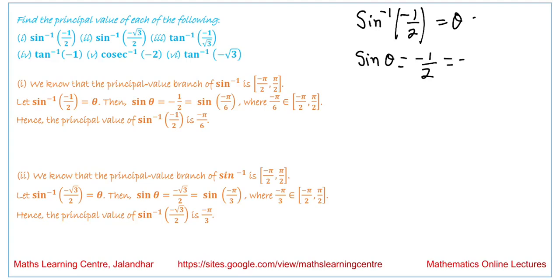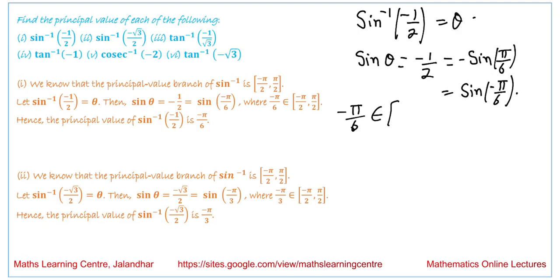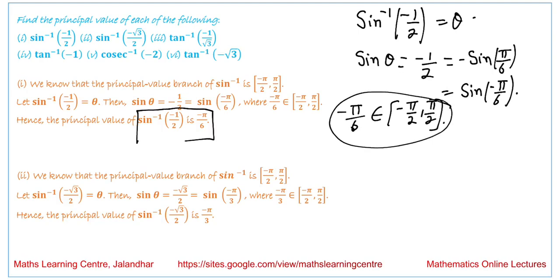This is equal to minus sine of pi by 6, which is equal to sine of minus pi by 6, and this minus pi by 6 belongs to the interval minus pi by 2 to pi by 2. So the principal value of sine inverse of minus 1 by 2 is minus pi by 6.